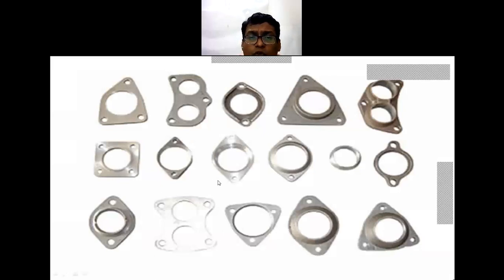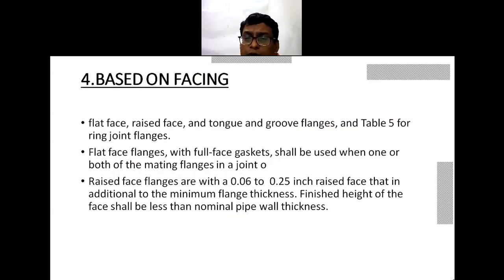If you go to a carburetor, you can see different types of flanges. In cast flanges in your household pumps, you can see elliptical or oval-shaped flanges. There are triangular flanges also. So all these are the different shapes or geometries that can be taught.